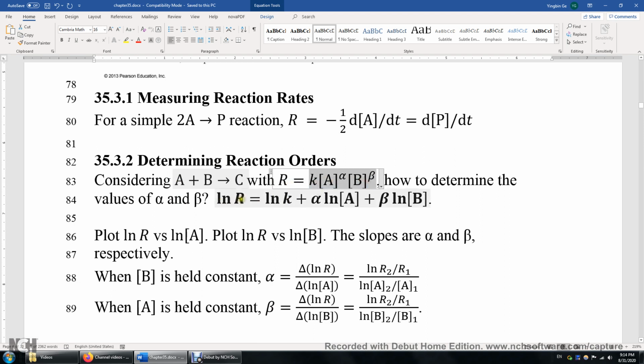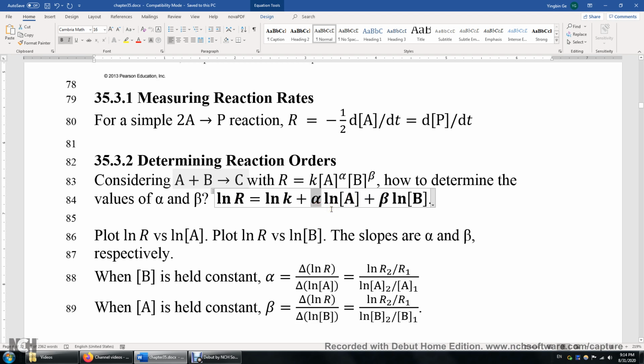And then we get ln r is equal to ln k plus alpha times ln a plus beta times ln b. By looking at this, you will realize if we have this concentration of b held constant, this ln r is simply a linear equation of ln a. Not only is it a linear equation, we know the slope is going to be alpha.